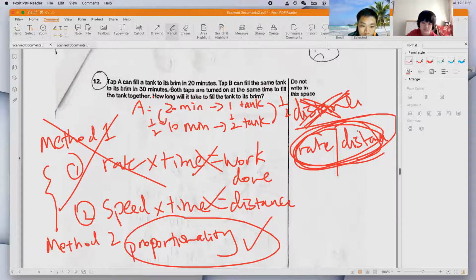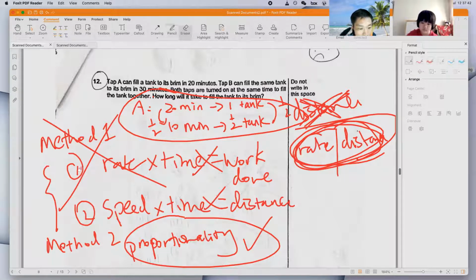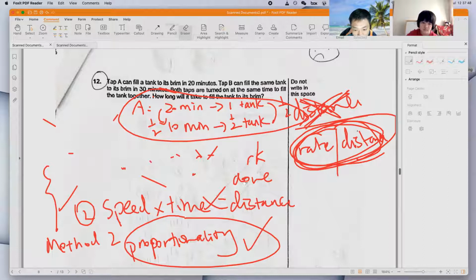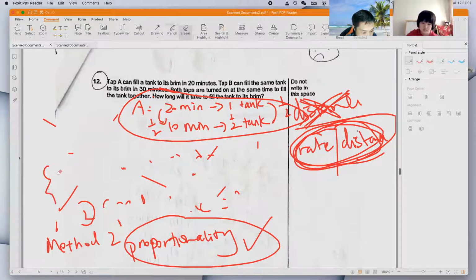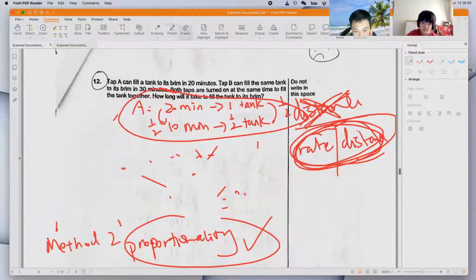So basically I'm using proportionality to solve this question now. Okay. So you don't need to learn about method one. I'm not talking about method one here, the formula. I'm talking about method two, proportionality here. I'm not sure if you have learned before or not, but most likely you have, because proportionality, everybody knows.